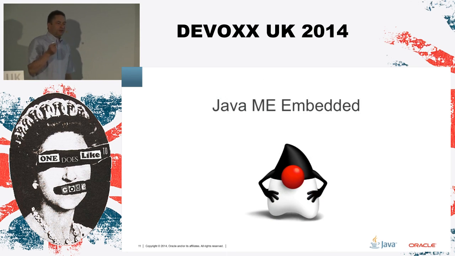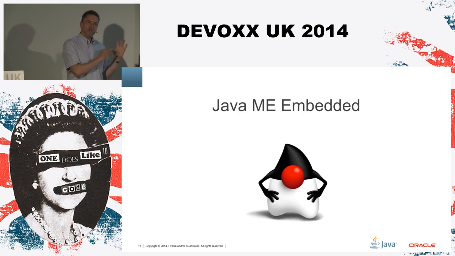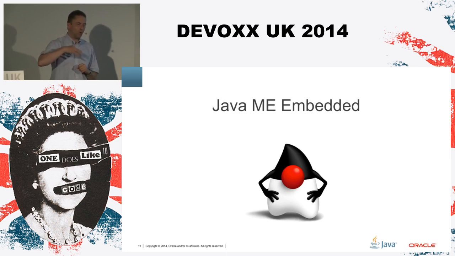Let's talk about Java ME embedded, the smaller version of Java. Now, when I talk about Java ME, people often think, well, hang on, Java ME, wasn't that when you were doing mobile phones? And it's all about mobile phones and stuff like that. What's actually happening here is, no, we're not doing mobile phones. If you look at the mobile phone space, Oracle have accepted that we're not going to play a big part in terms of the use of Java in those devices.